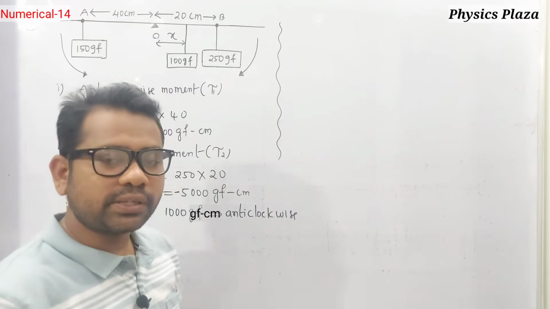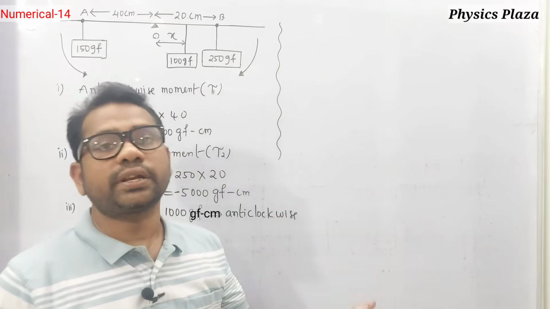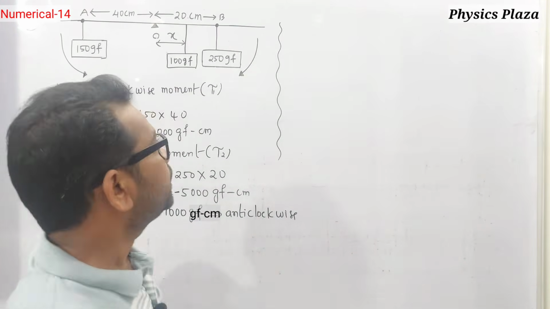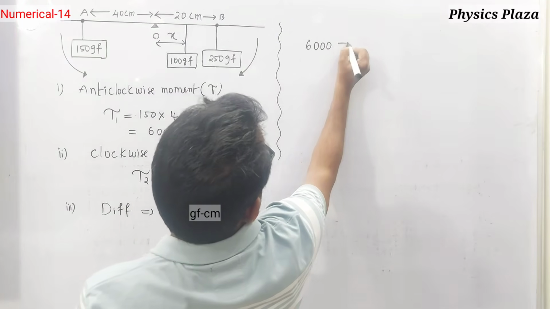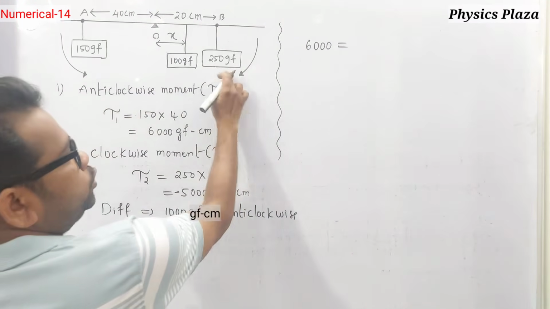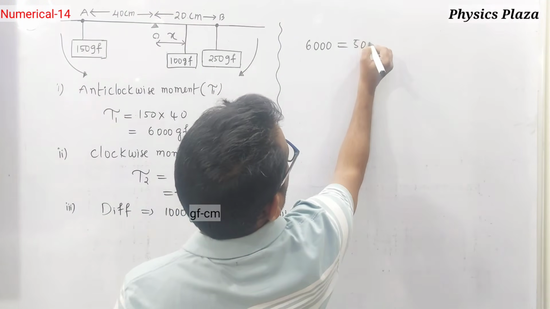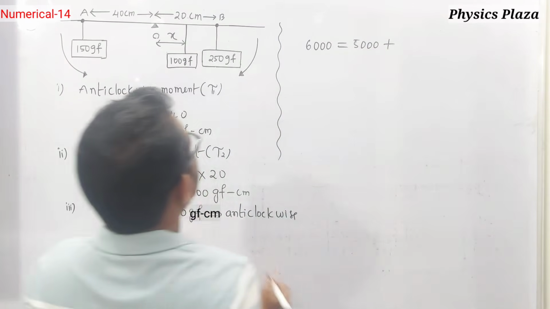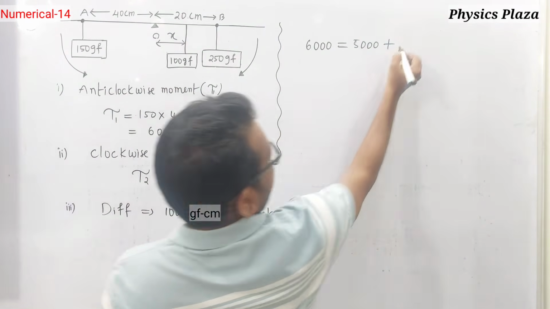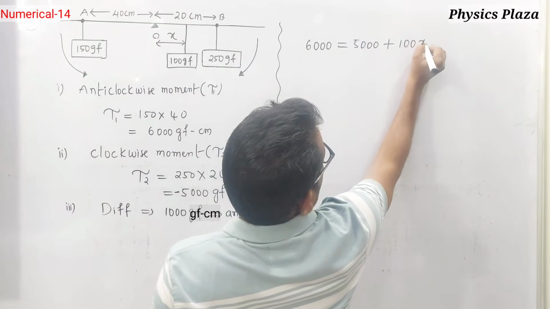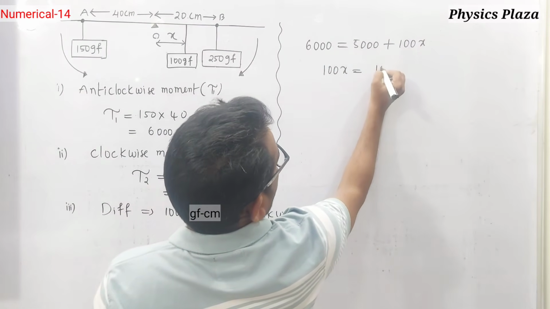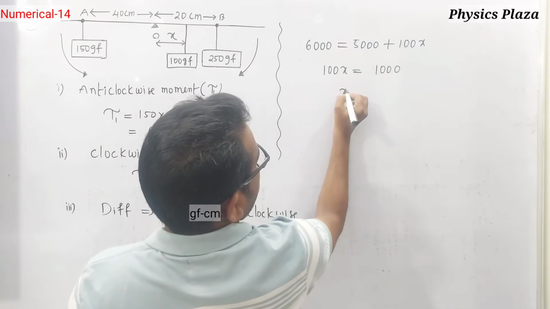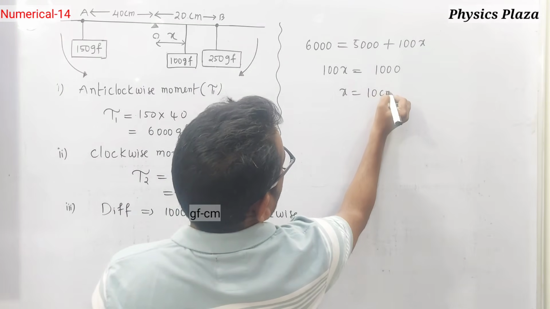According to the principle of moments, anti-clockwise moments of weights are equal to clockwise moments of weights. The total anti-clockwise moment we got is 6000, equal to the clockwise moment due to 250 grams, which we already calculated as 5000, plus 100 into x. So 100 into x is equal to 1000. So x is equal to 10 centimeter.